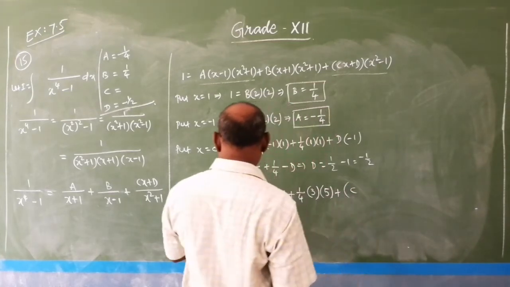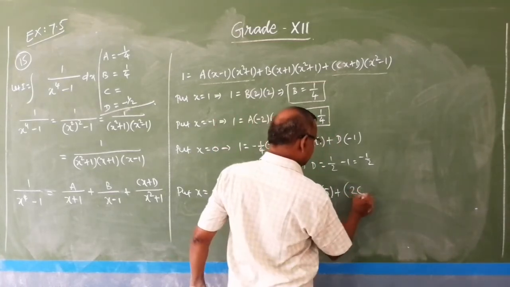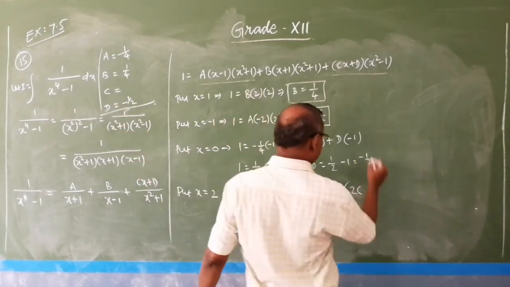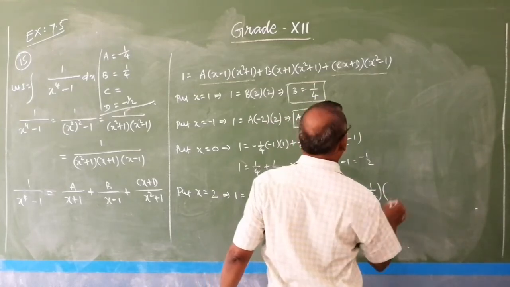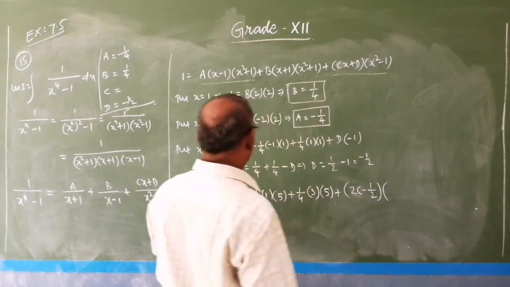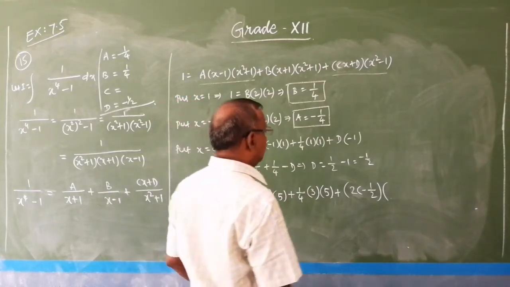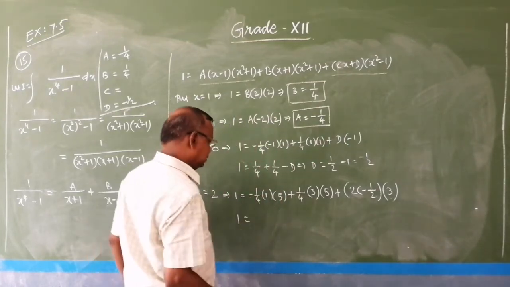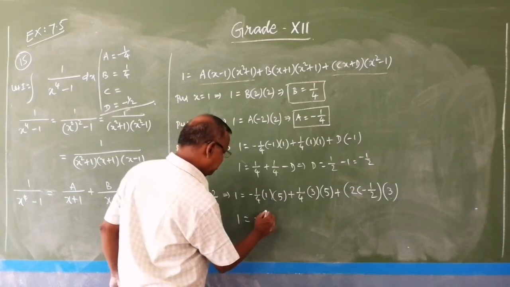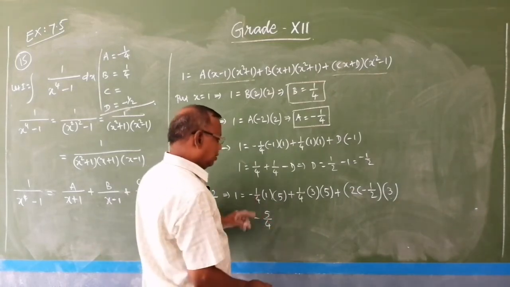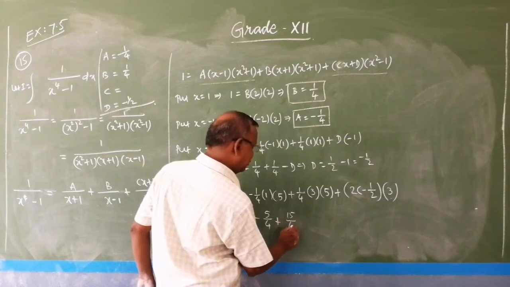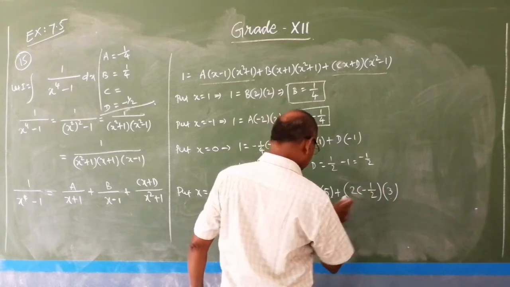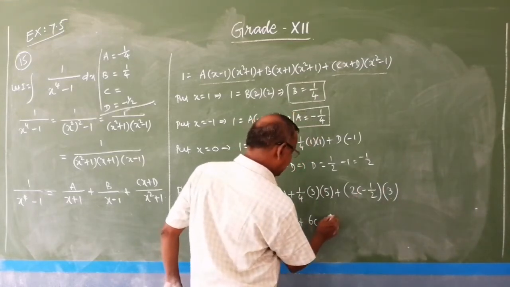So c and x equal to 2, so 2c plus we know the d value is minus 1 by 2, minus 1 by 2 into x square. So we have 2 square means 4 minus 1, 3, that is 1 equal to minus 5 by 4 plus 15 by 4, again plus 2c means 6c minus 3 by 2.